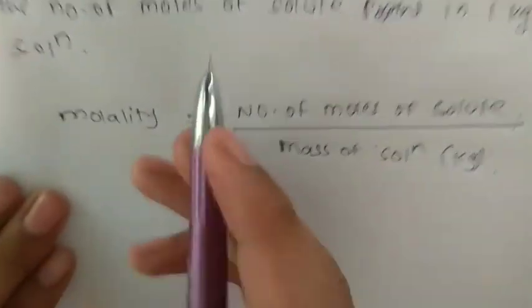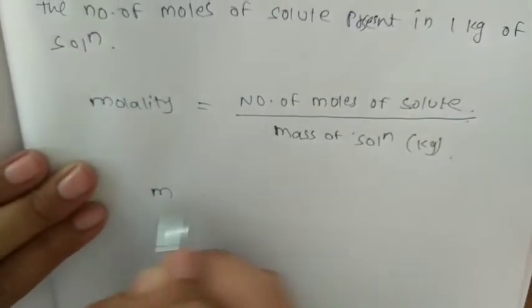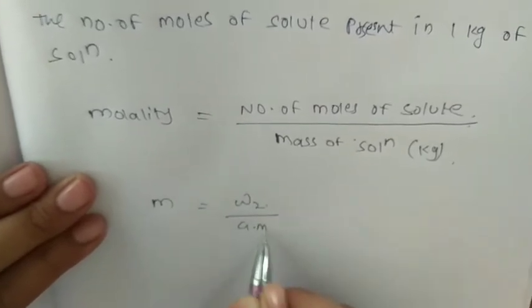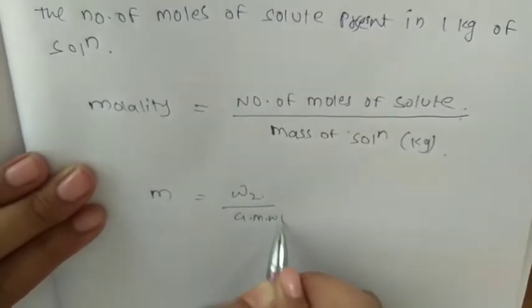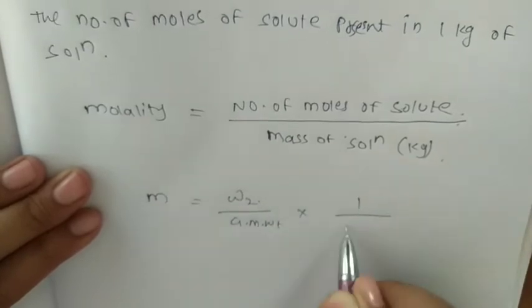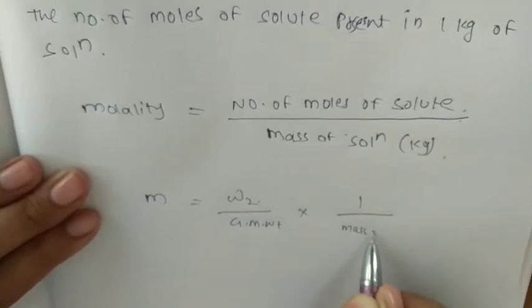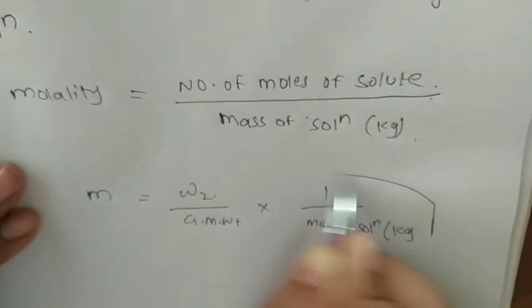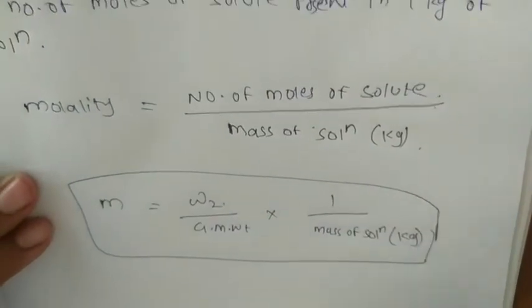Molality is also a simple formula to calculate: molality equals weight of the solute by gram molecular weight of solute into 1 by mass of solution in kg.